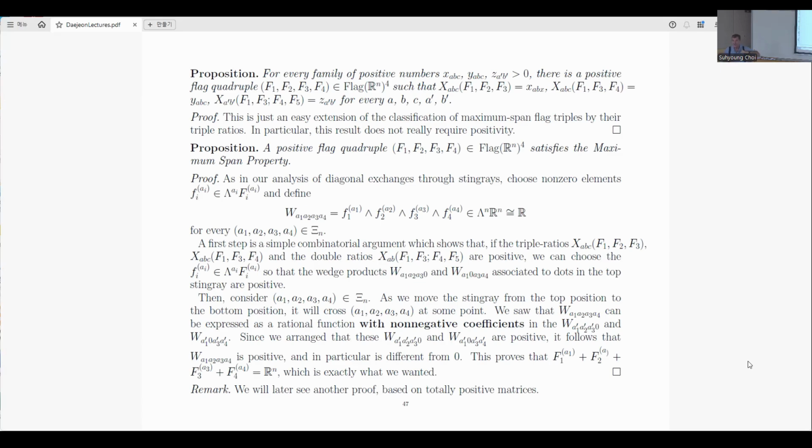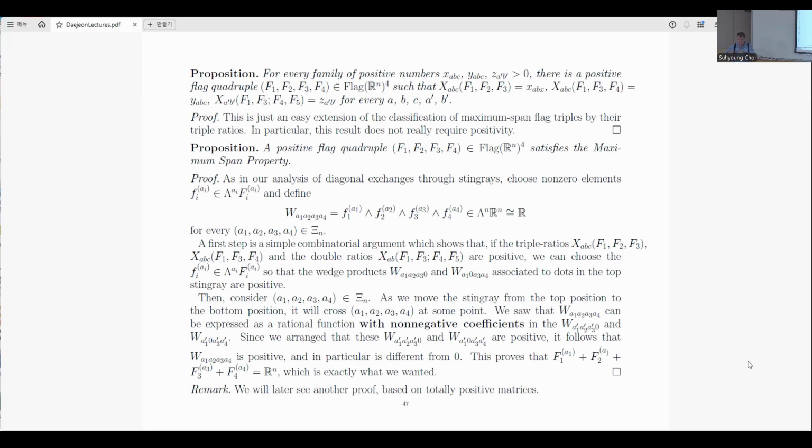And it's because when you take a triple ratio, you have 6 wedge products like this.